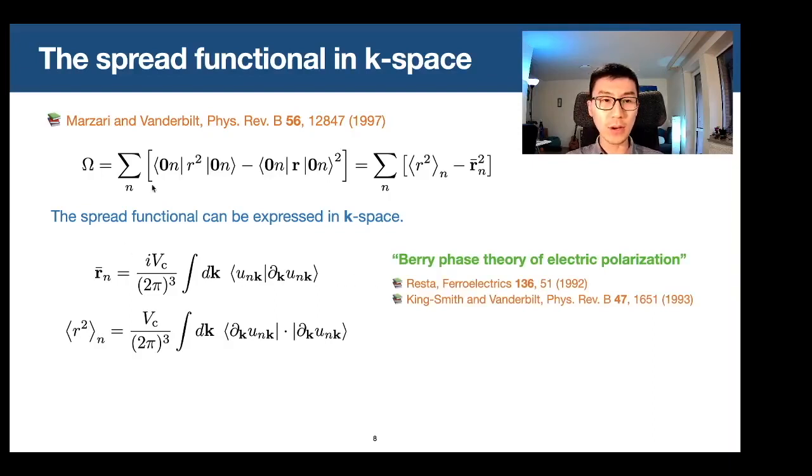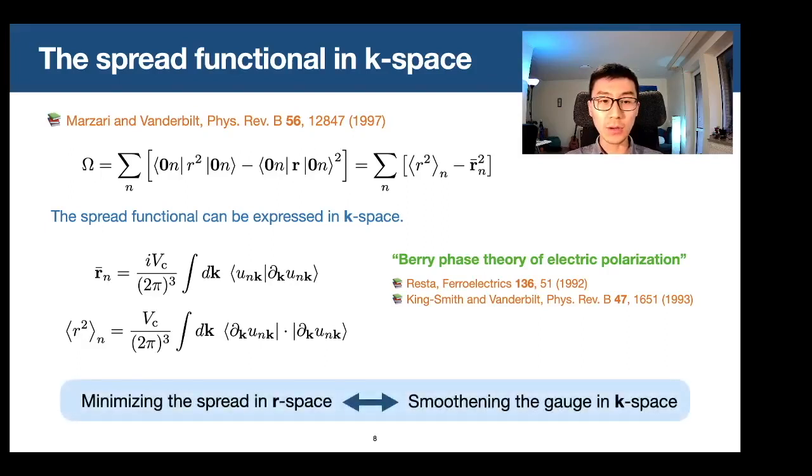So just look at this equation. You see that minimizing omega corresponds to minimizing the variation in k space. So it means that in order to minimize the spread in real space, we just need to smooth the gauge in k space. That's what we are going to do.